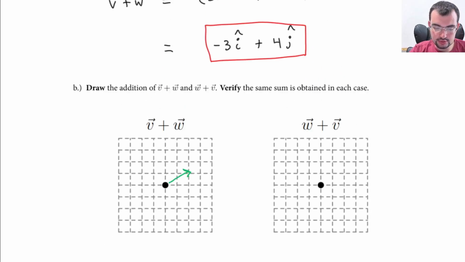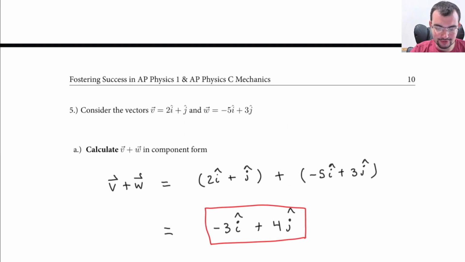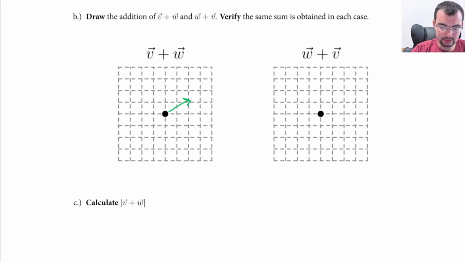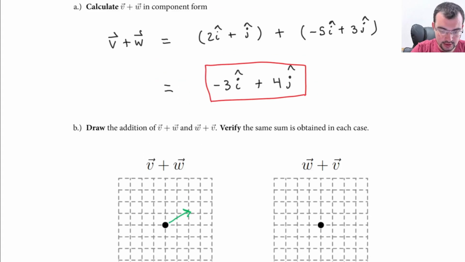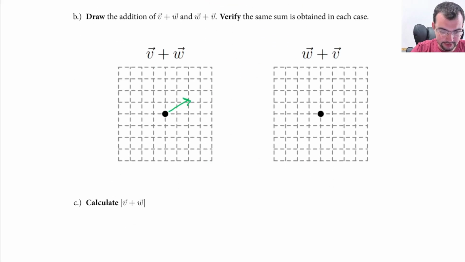And then w would be 5 left and 3 up. So I go from v's endpoint 5 left, 1, 2, 3, 4, 5, and then up 3. That sends me here.